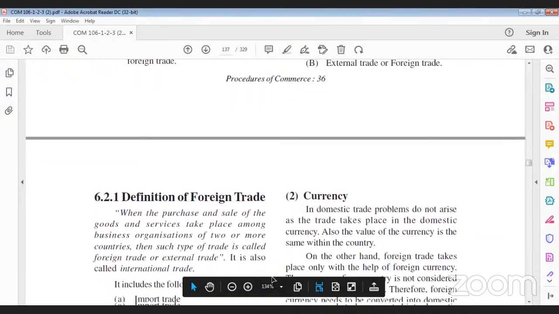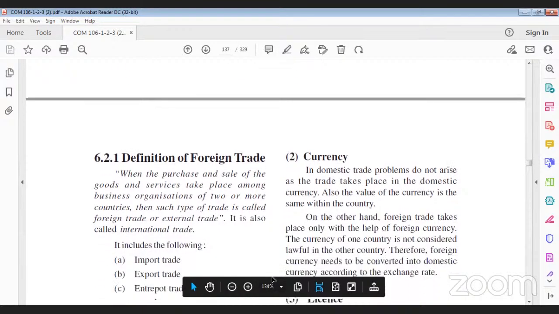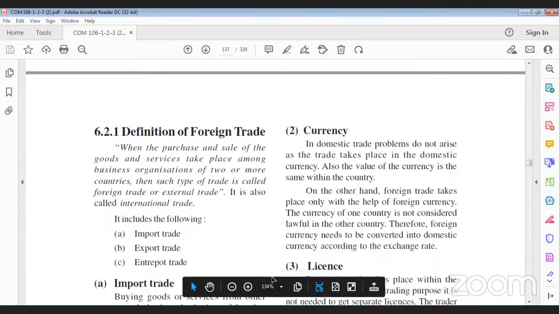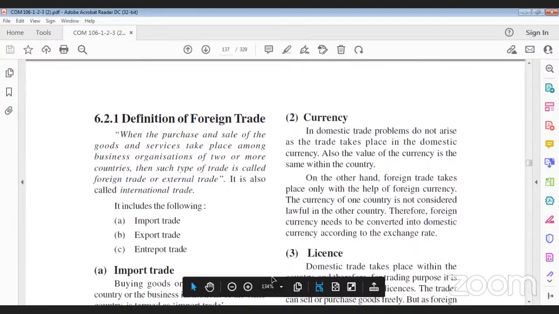Then second point is that of currency. In domestic trade, problems don't arise as the trade takes place in the domestic currency, but on the other hand, foreign trade takes place only with the help of foreign currency.